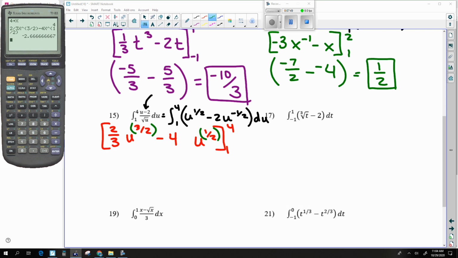So this is the evaluation at 4, -8/3. And then the evaluation at 1, -10/3. So this is -8/3 plus 10/3, which is 2/3.